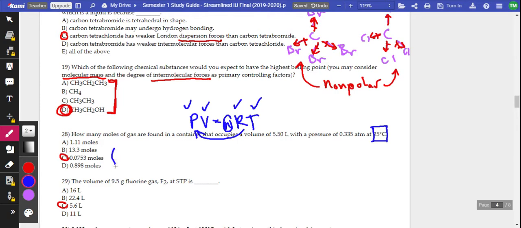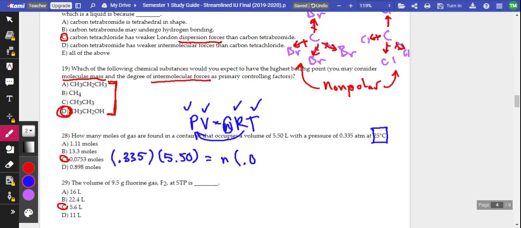So let's plug in what we do know. 0.335, and I'm going to leave out the units because they'll all work out in the end. Times 5.50 liters equals n, which we don't know, times the gas constant, which is 0.0821 for atmospheres, and that's where our big crazy unit would be that fixes our other units. Then 25 degrees Celsius changed to Kelvin would be 25 plus 273.15.